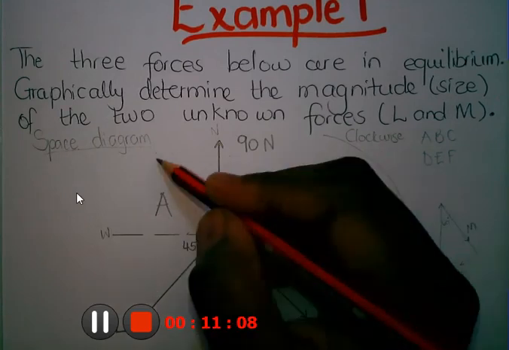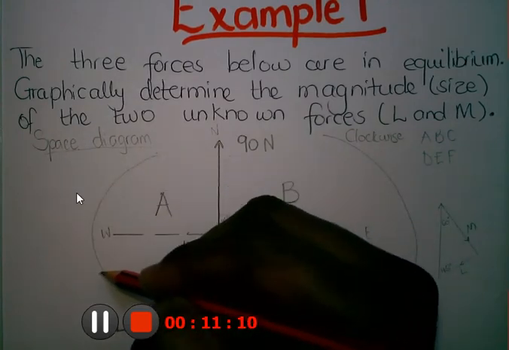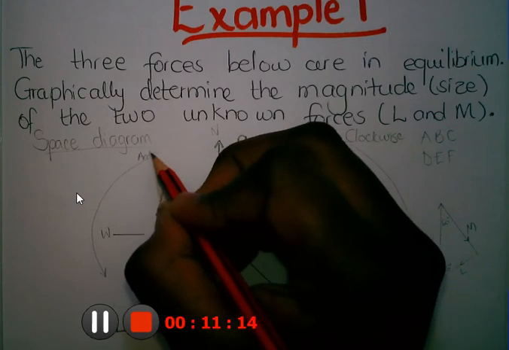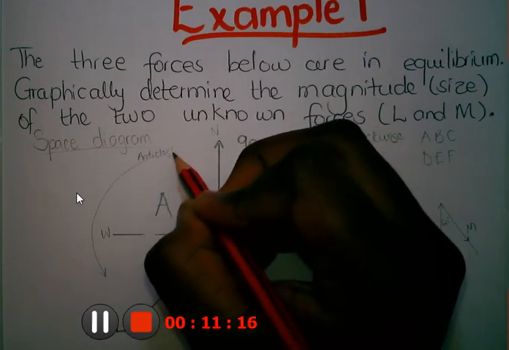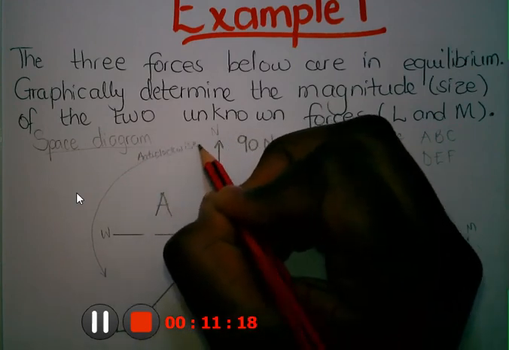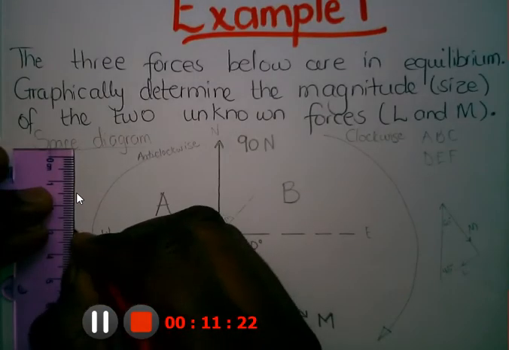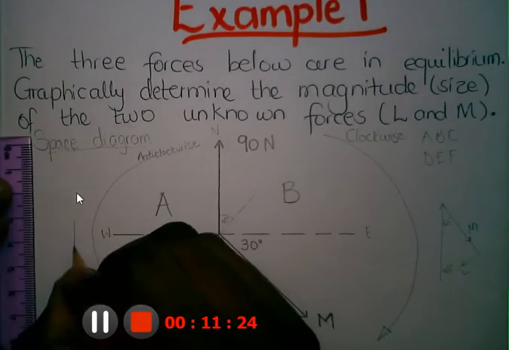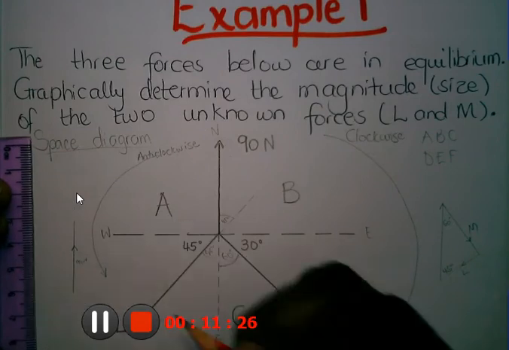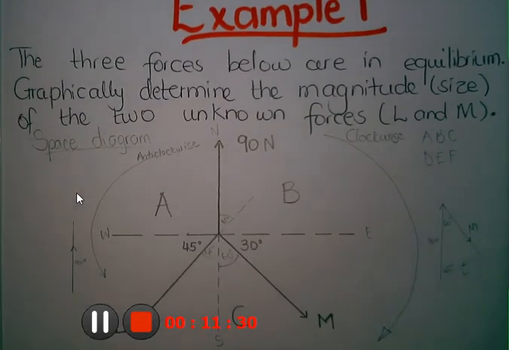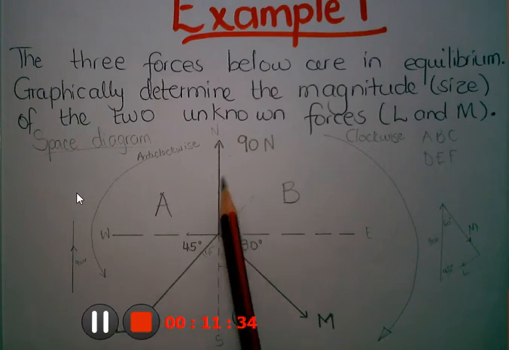If you decide you are going to move anti-clockwise, this is for those that are going to draw anti-clockwise. You start with your 90 newtons, still the known force, and then you are going to bring in L this time, because L is the one that is after 90 if you move anti-clockwise.